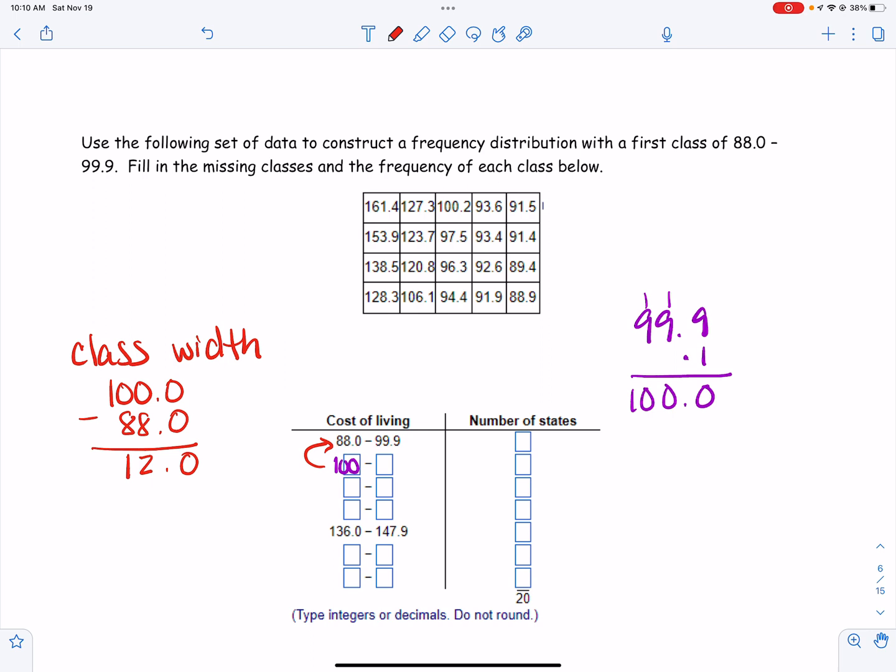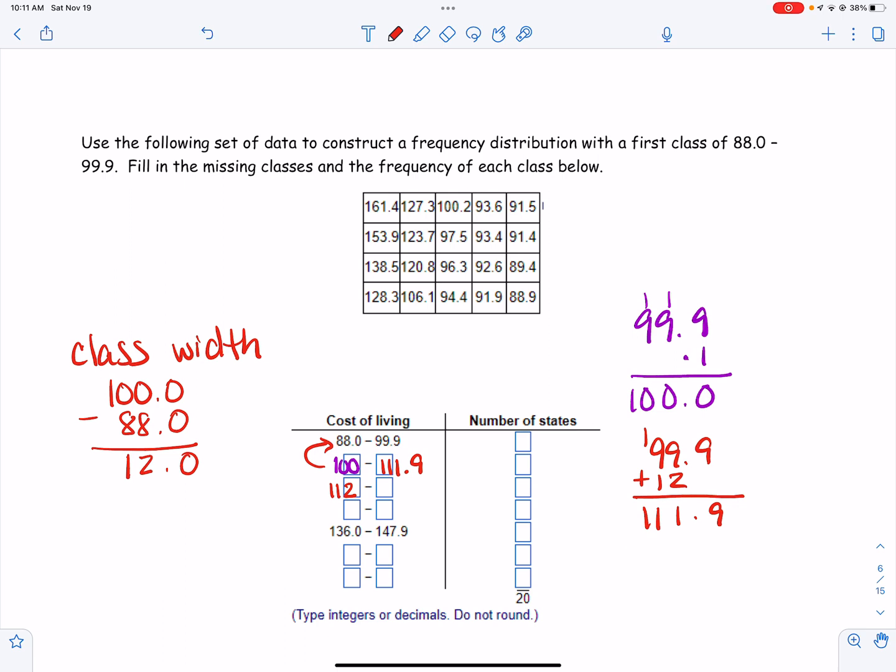So if I take 99.9 and add 12, that's going to be 111.9, which means that this one will be 112.